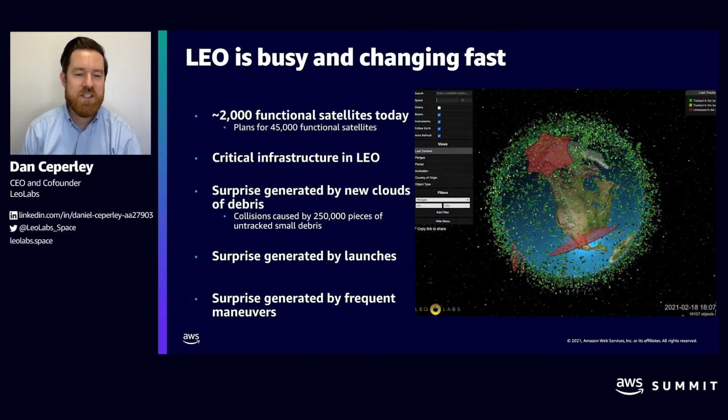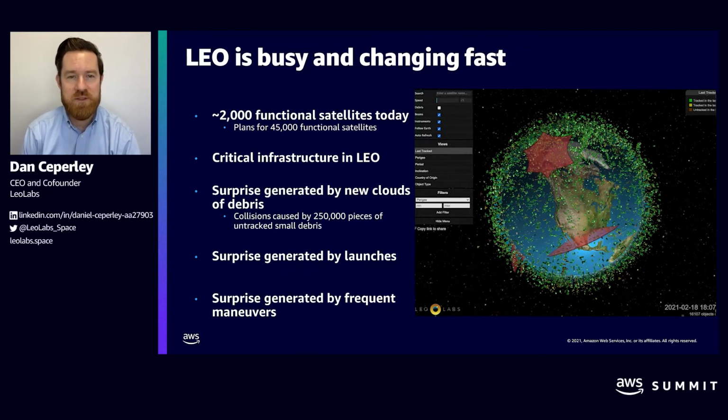So why are we even talking about space and low Earth orbit? Well, space is going through a once-in-a-generation revolution, and it's a business revolution. The cost to launch and build and operate satellites has come down an order of magnitude. And it means that there's thousands, even tens of thousands of new satellites headed to space, and they're delivering innovative new applications around the world.